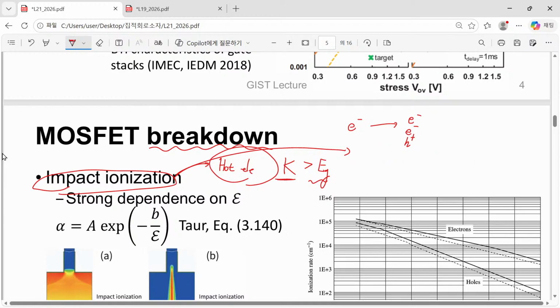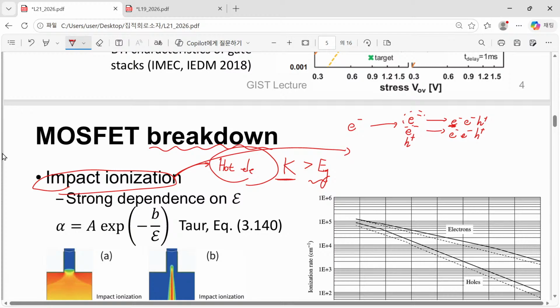Then these primary and secondary electrons are moving. Since the electric field is so high, even the secondary electron and the primary electron, which was previously hot but has now become cold, become hot once again. So it generates once again electron, hole, electron, hole.